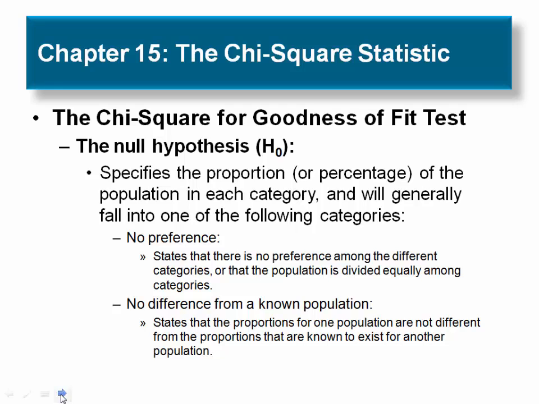So for example, say you wanted to determine the hypothesized proportions for a sample of 100 people with respect to choice of cola beverage. You have four categories of cola beverage: Coke, Pepsi, RC, and generic. And you have collected data from your sample of 100 people about how many of those people preferred one cola beverage over another.